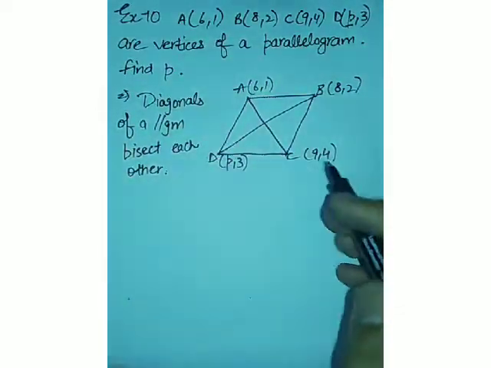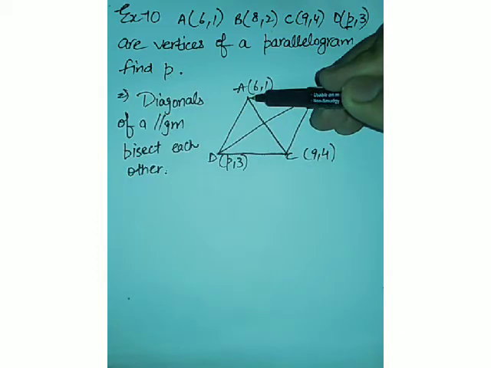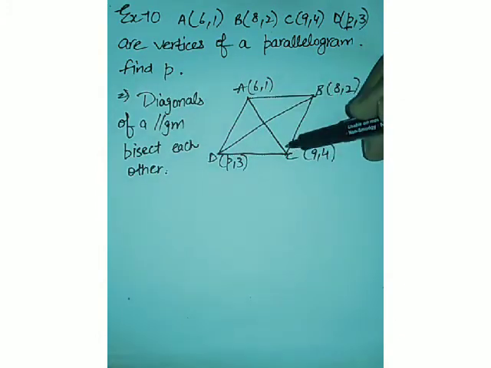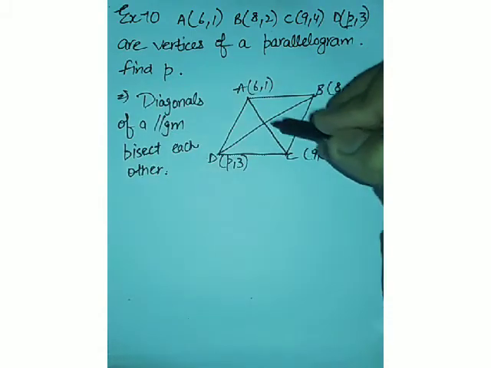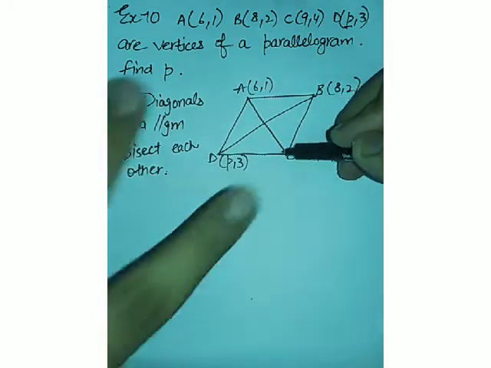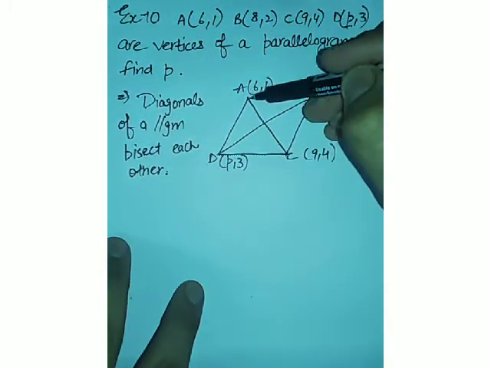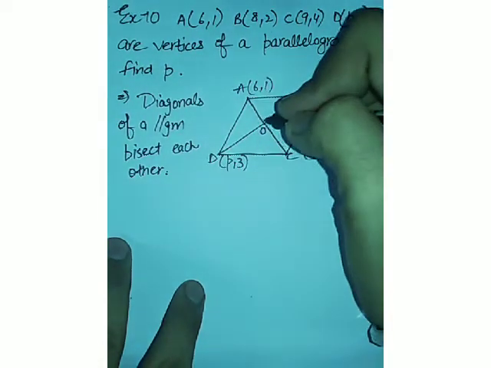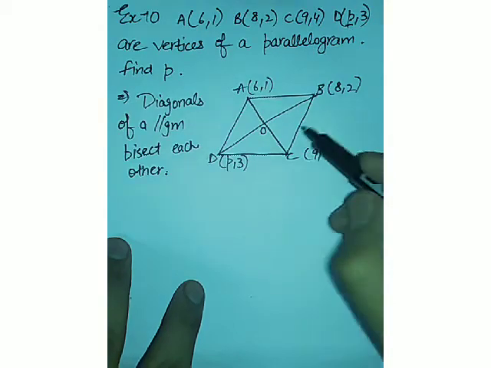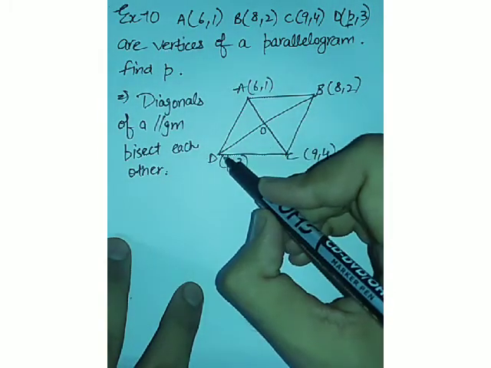Now what does bisection mean? It means AC is being bisected by BD, which means AC is being divided into two equal parts. One part is this one and second part is this one. Let it be O. So AO equals OC. Similarly, BO is equal to OD.